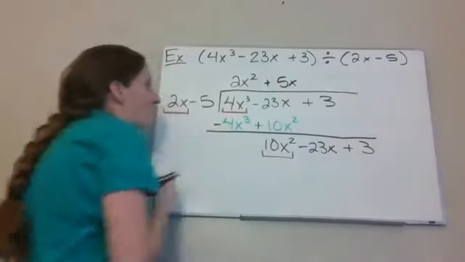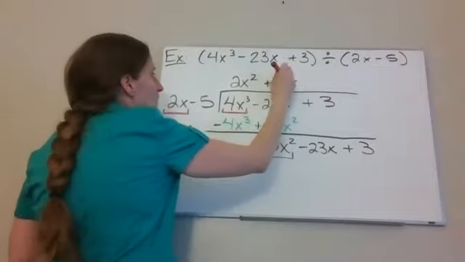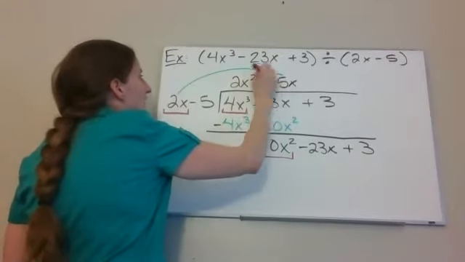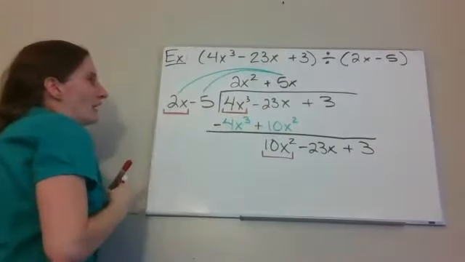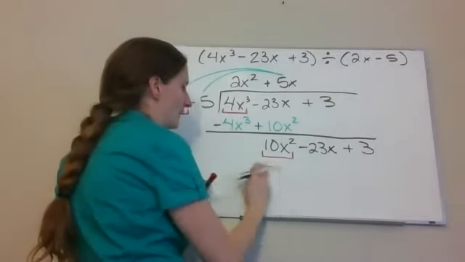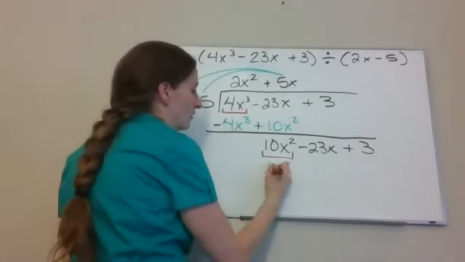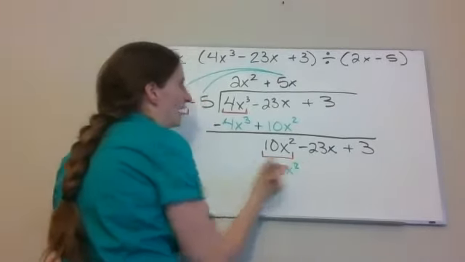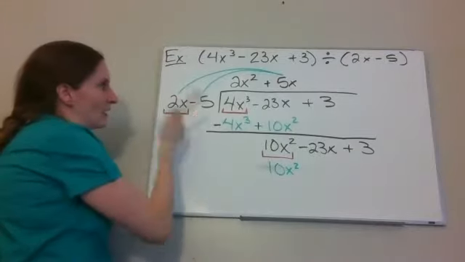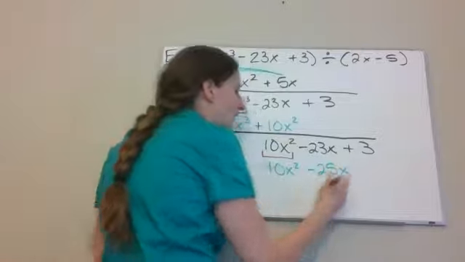So I write down that 5x, and then remember we have to distribute this. So the 5x times the 2x gets me 10x squared. Let me put that in green so I'm matching what I did before. 10x squared. And my 5x times the negative 5 is negative 25x.